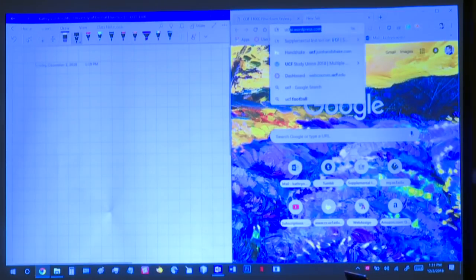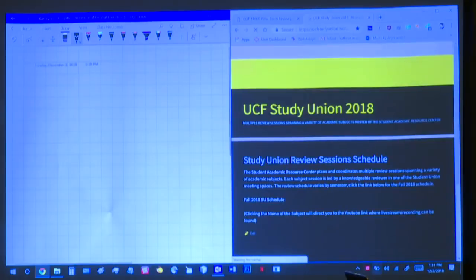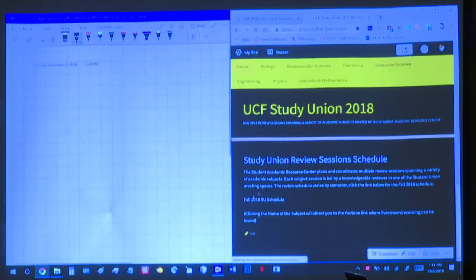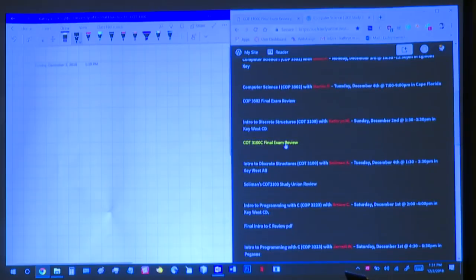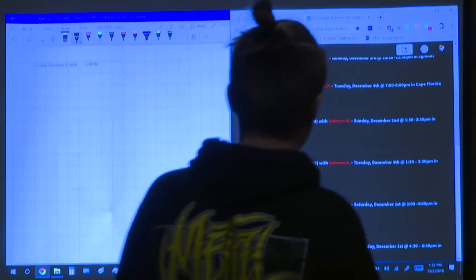So, UCF, Study Union, and under Computer Science, it's right here. Sure, yeah. Okay. Thank you.